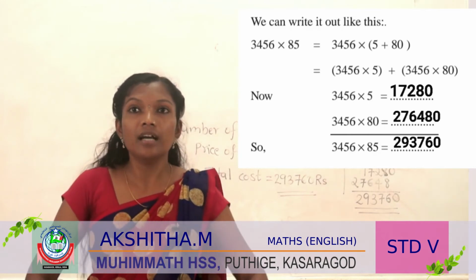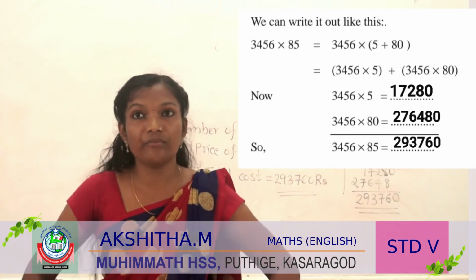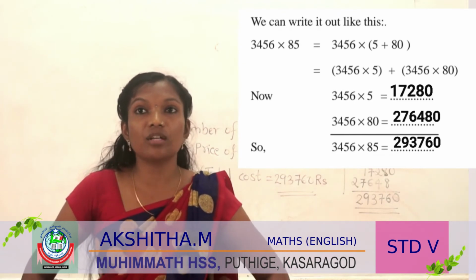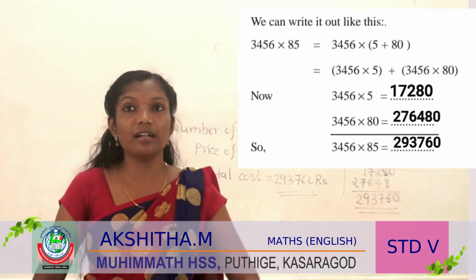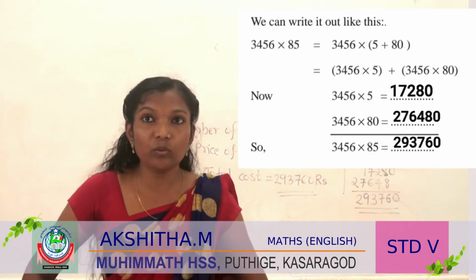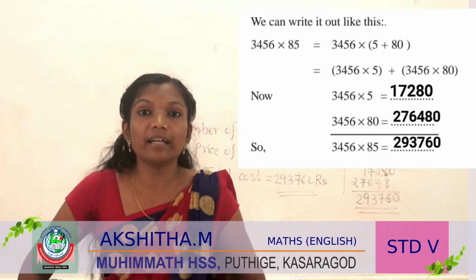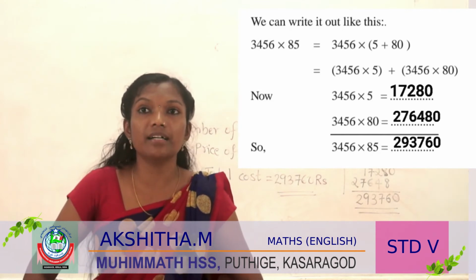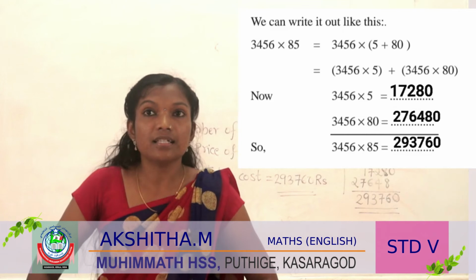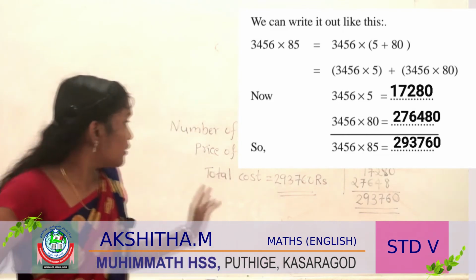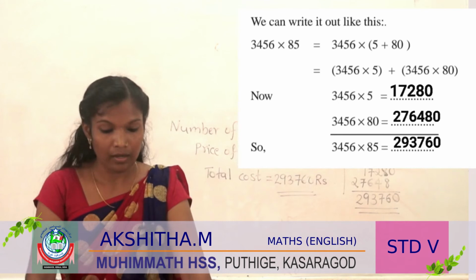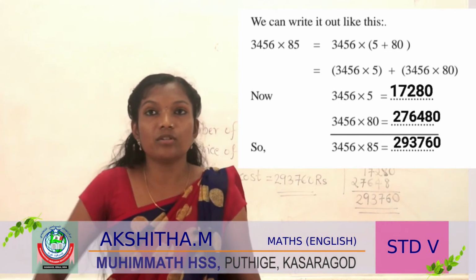And the next one, 3,456 into 80 is 2,76,480. What is the answer? 3,456 into 85 is 2,93,760. 2,93,760 is the total cost for the desks. Is it clear now? Let us look at the next question.